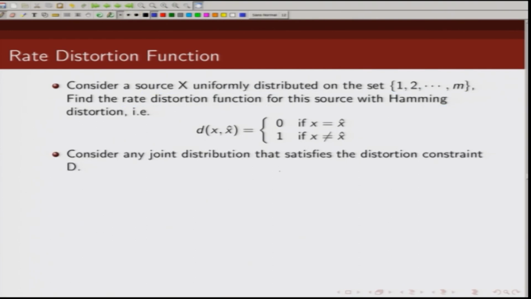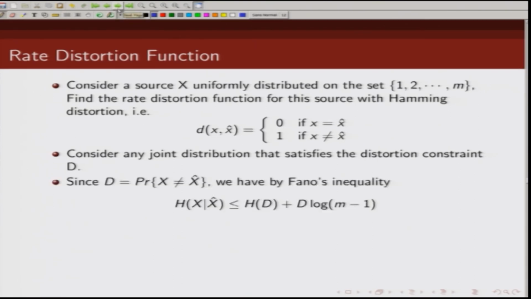Now consider any joint distribution that satisfies this distortion constraint of D. Since D is the probability of x not being equal to x hat, we can invoke Fano's lemma, and we can show the uncertainty in x given x hat is less than or equal to h of p, the probability of error, which is h of d, plus d times log of m minus 1.